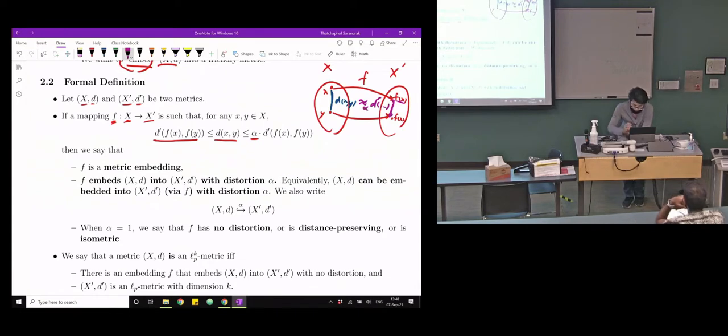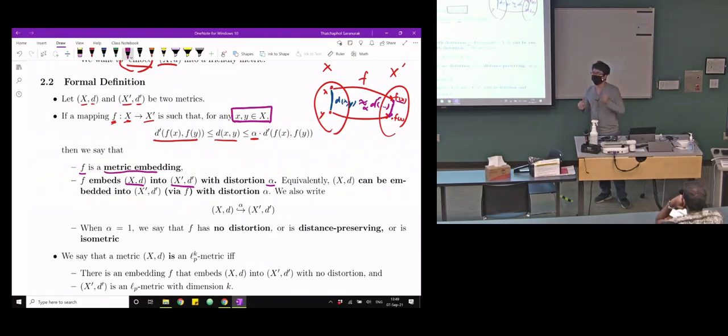If they are the same within an alpha factor, so this is a picture, then we say that f is a metric embedding, and f maps the first metric into the second one with distortion alpha. If the distance is preserved for every pair of points, then you map the first metric to the second one with distortion alpha.